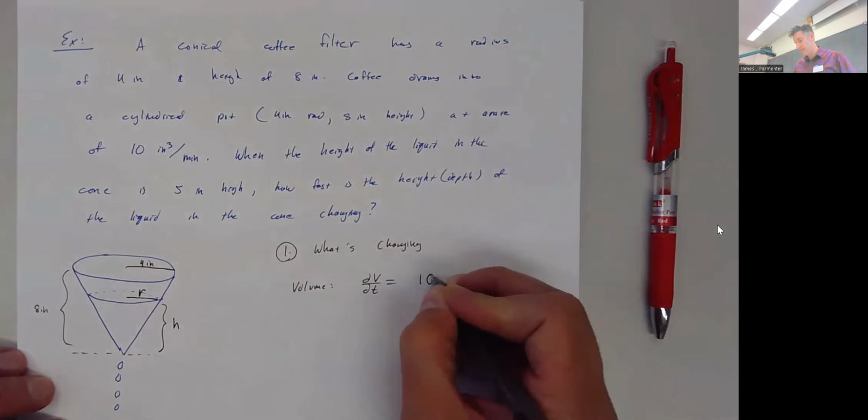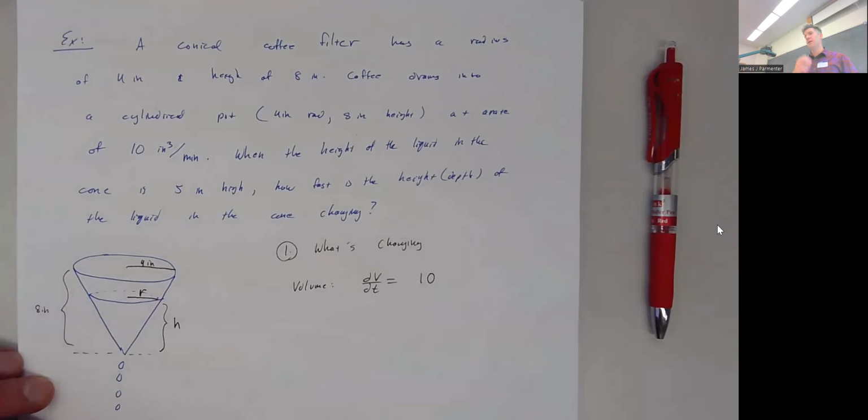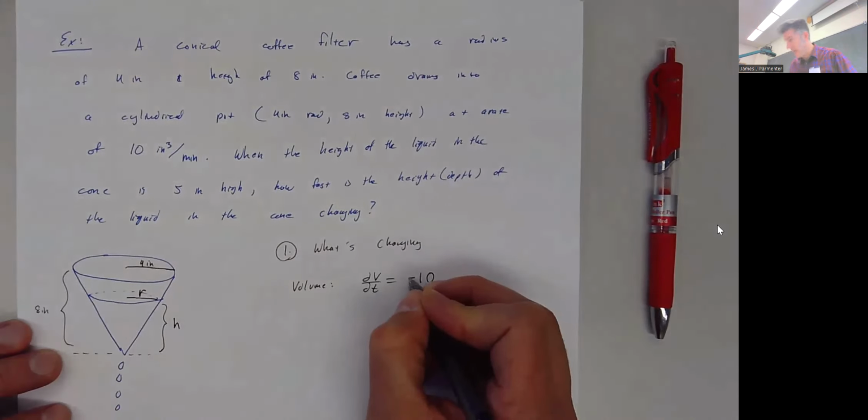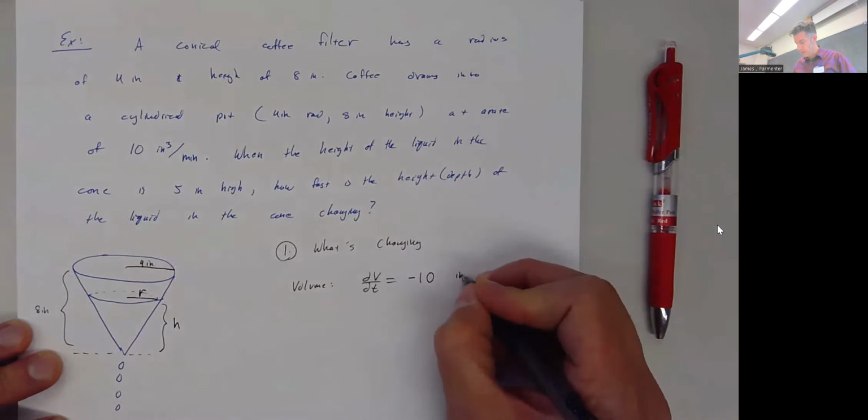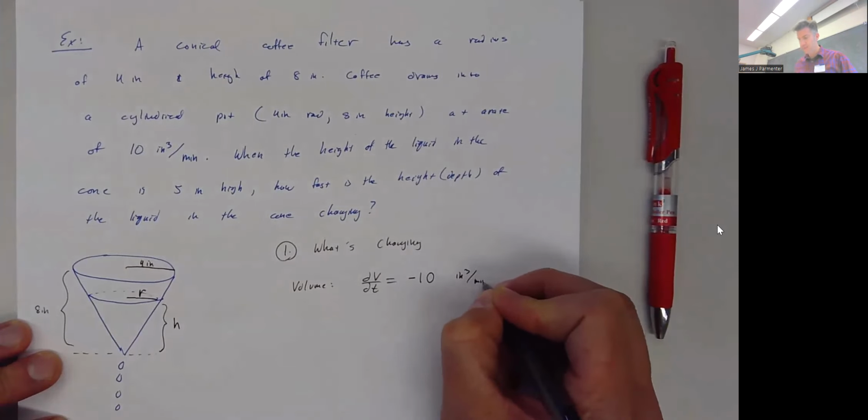Except, is the volume in the cone increasing or decreasing? Definitely decreasing, we're losing volume. So usually when that's the case, you should use a negative number. So we should say that dV/dt is equal to negative 10 cubic inches per minute.